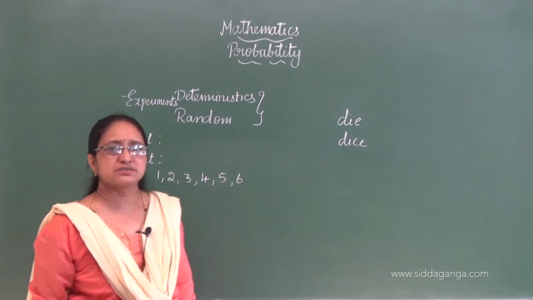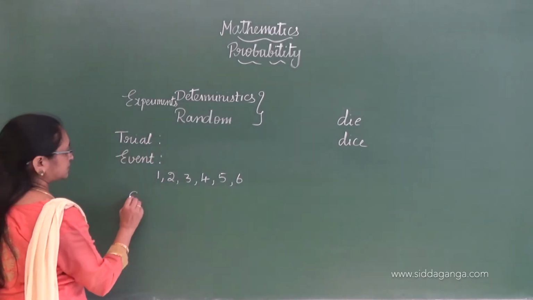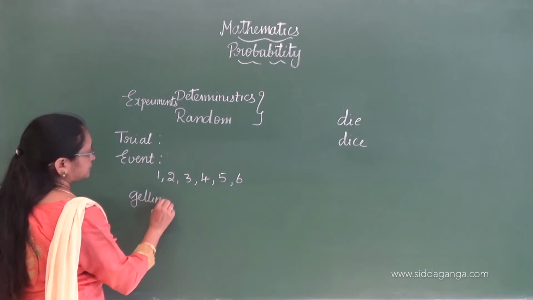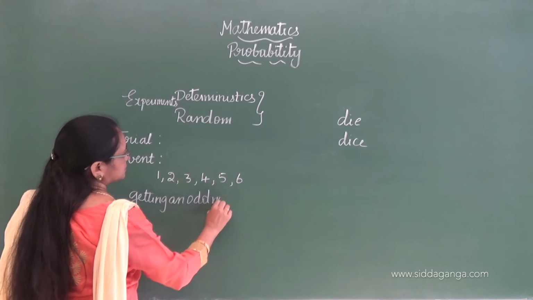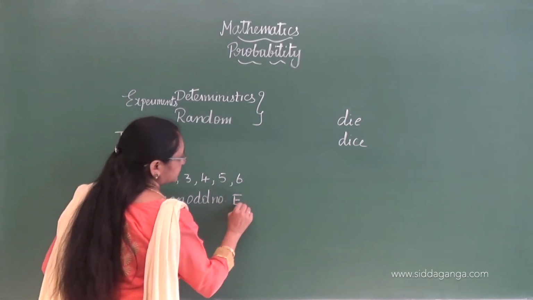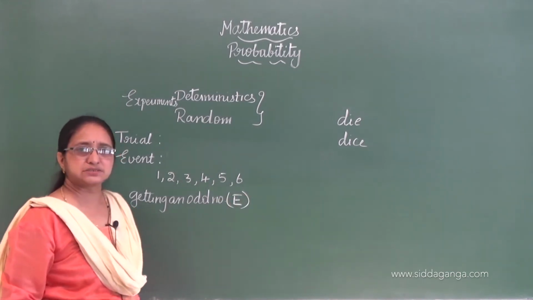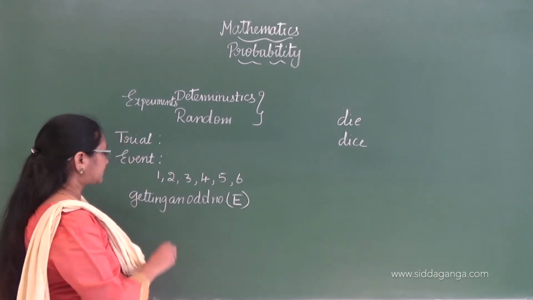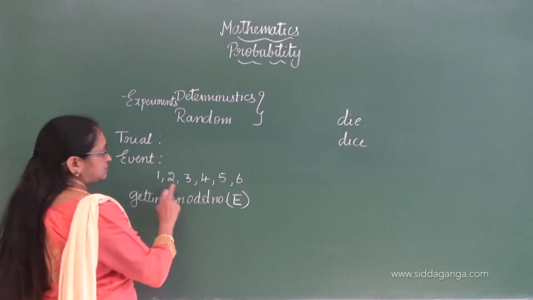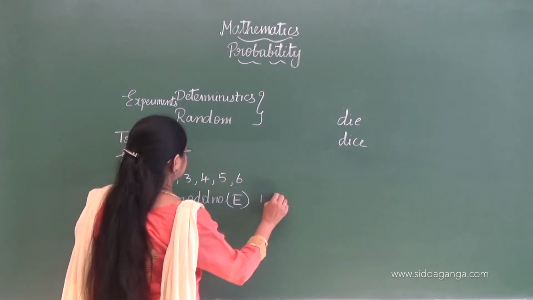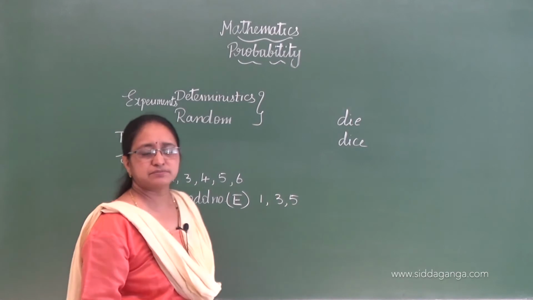Now event means, suppose getting an odd number. Usually it is represented by the letter E. So event is represented by the letter E. So getting an odd number is an event. Getting an odd number means here we will get 1, 3 and 5. So this is called an event.